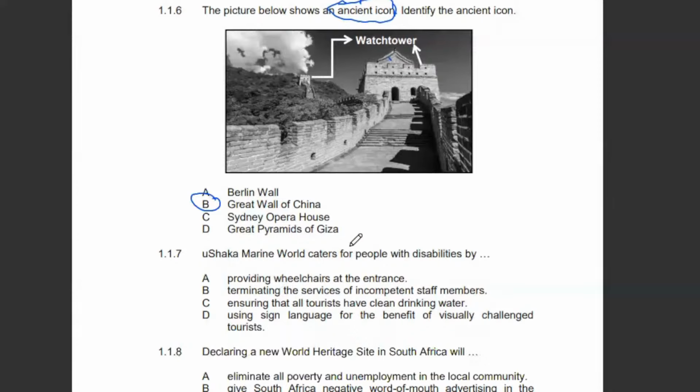That picture is actually a representation of the Great Wall of China, which dates back several thousands of years BC. So it fits the description that the walls are actually an ancient icon because they were built several thousands of years before the Christian era.